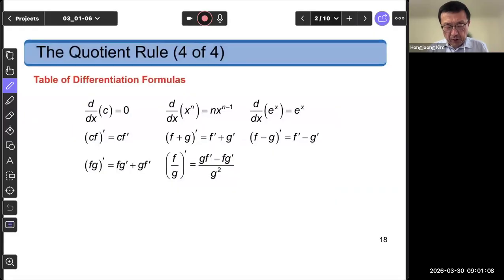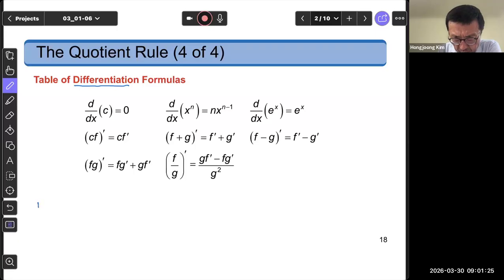We first consider the following formula. When I say differentiation, it has three meanings, right?